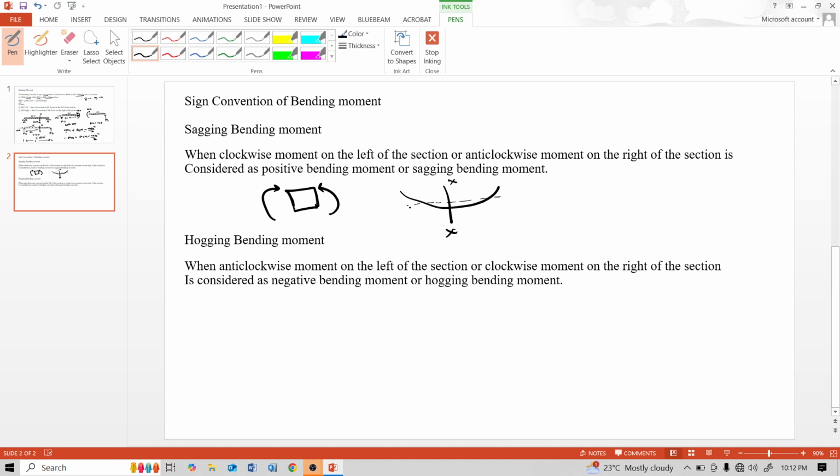There is convexity above the center line. That means sagging bending moment. Here the left side is clockwise and the right side is anti-clockwise. That's why sagging bending moment generates.